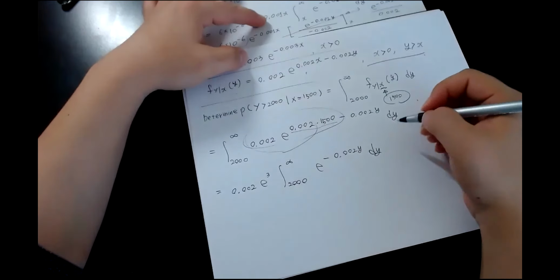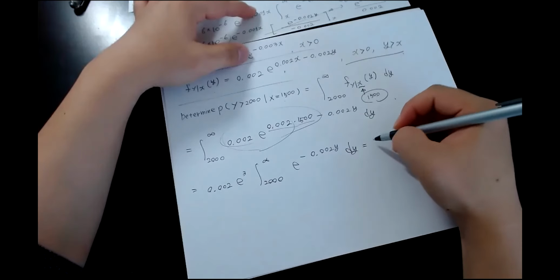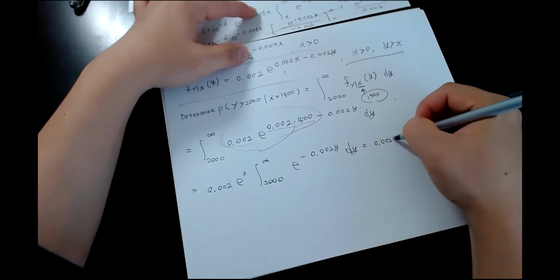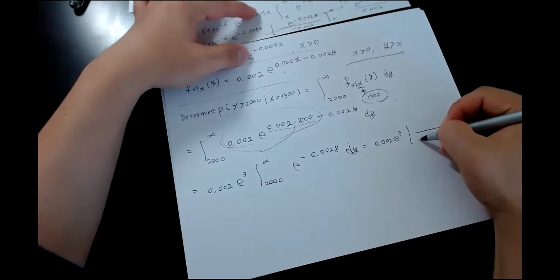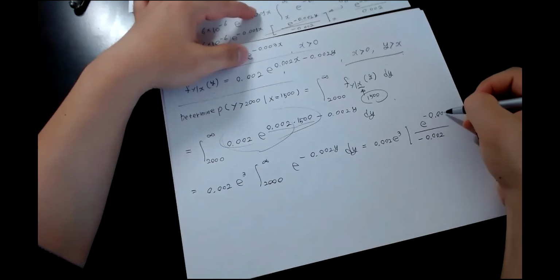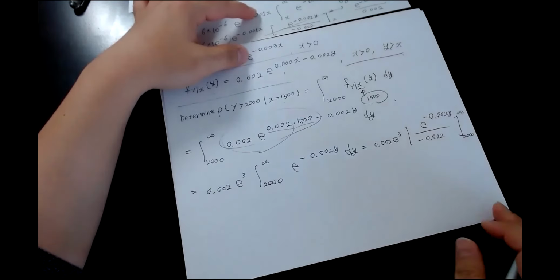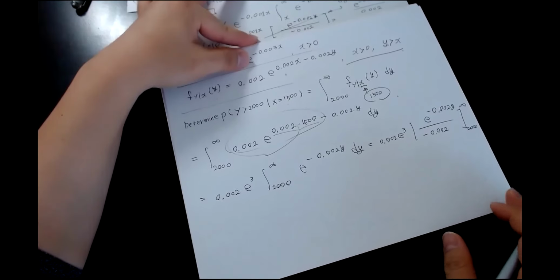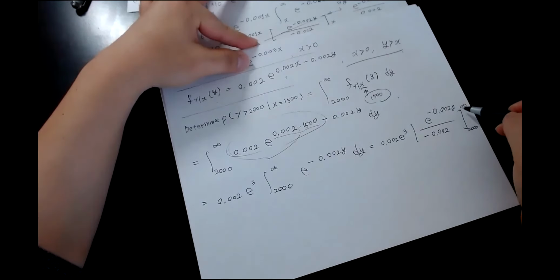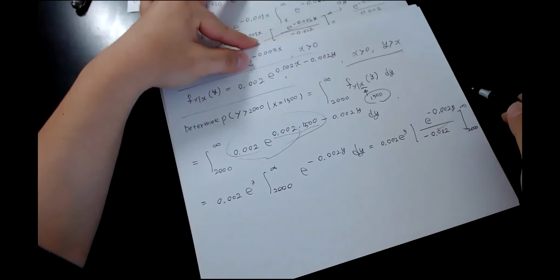Okay, so that is equal to what? This is equal to 0.002 e cubed, and then minus 1 over 0.002 e to the minus 0.002y, evaluated from 2000 to infinity. Okay, so as y approaches infinity, this exponential approaches 0, so that term is gone.